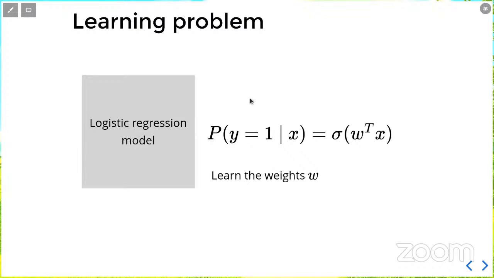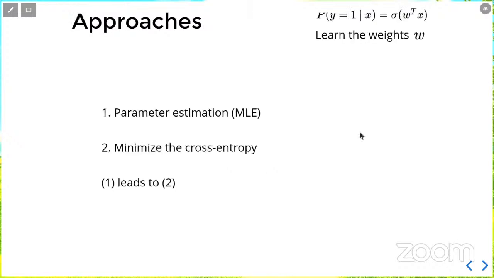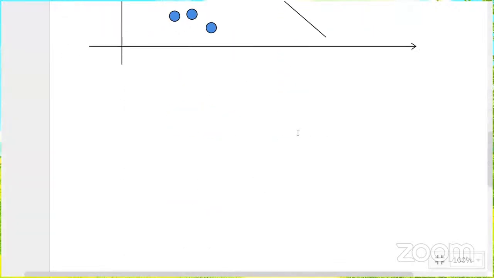Once we have specified the model, we need to learn the weights. So that's the next step. How do you learn the weights? If you recall from the Statistics 2 course, we have done this. We have learned this process called maximum likelihood estimation. So basically, this is parameter estimation.